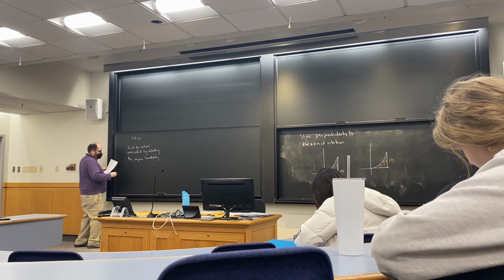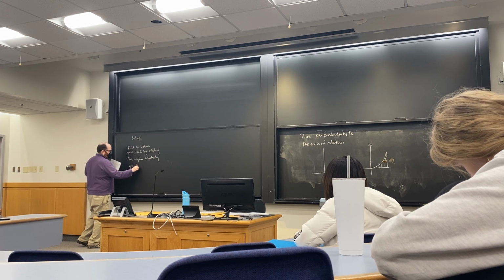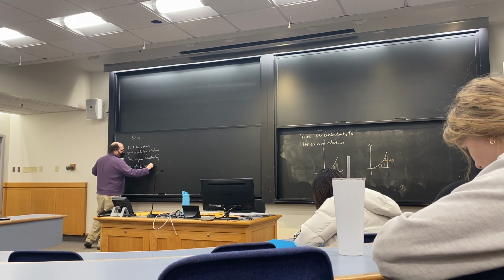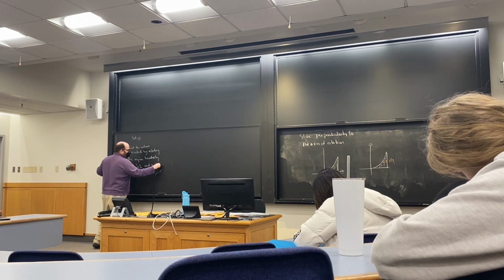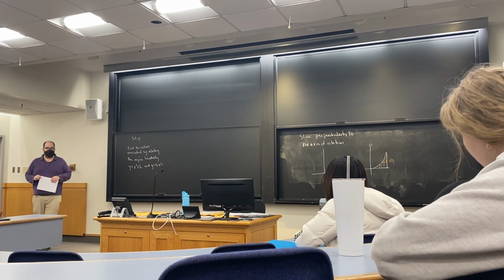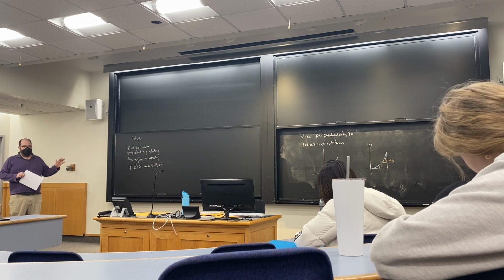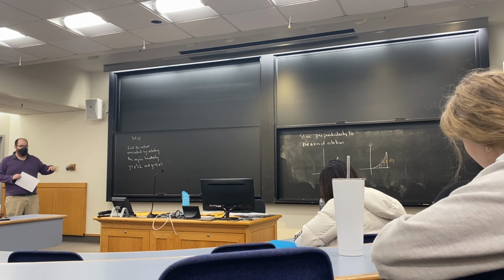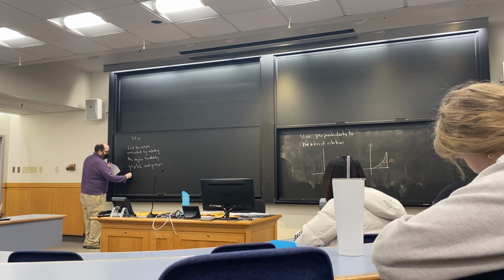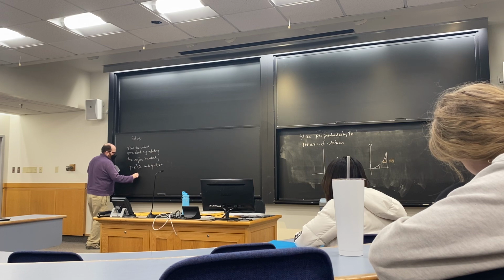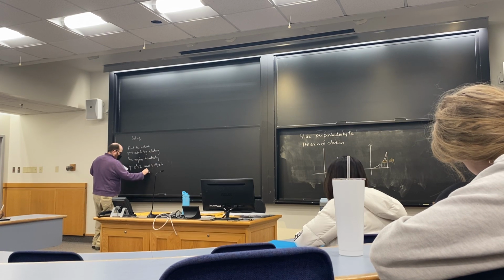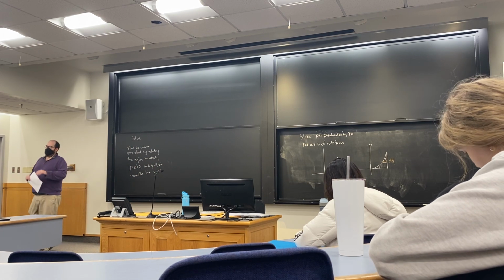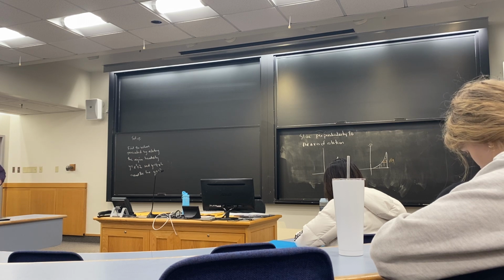One function is y equals x squared plus 2, and the other is y equals 4 minus x squared. That's the region. I have this parabola x squared plus 2, and this other parabola 4 minus x squared, and I'm rotating it around the line y equals negative 3.